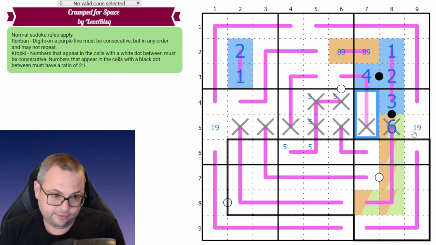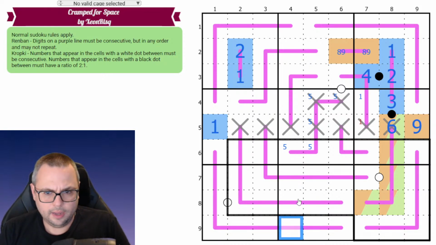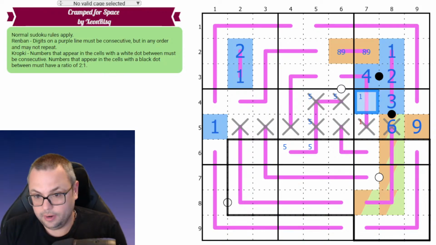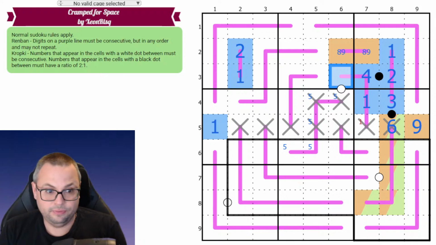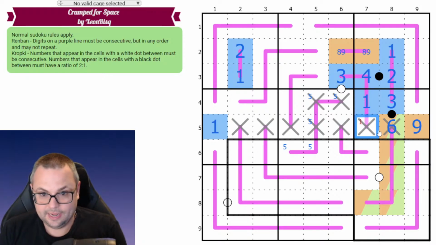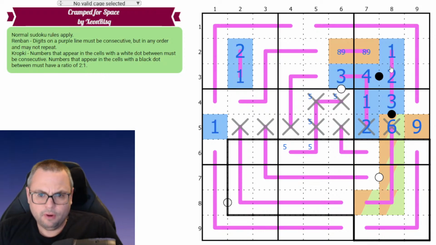This Renban has a 1 on it, so it's down here, which makes this the 9 and this the 1. Which makes that the 1 for this Renban, which makes that the 3, and that the 2, for that Renban.